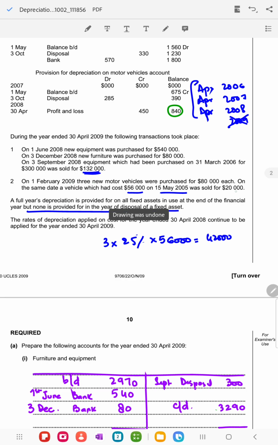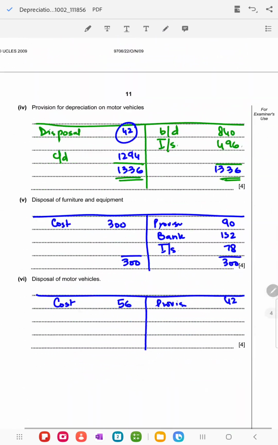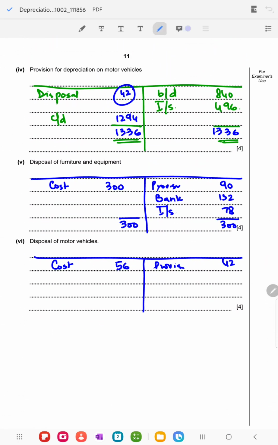The motor vehicle was sold for 20,000. So I sold it for 20,000. That was bank. This is the heavier side now. So this becomes 62, that means there is gain on disposal of 6,000. So there was gain here and there was loss here.